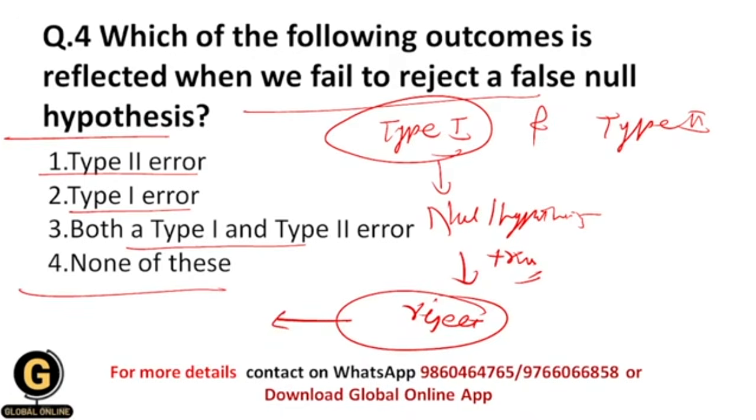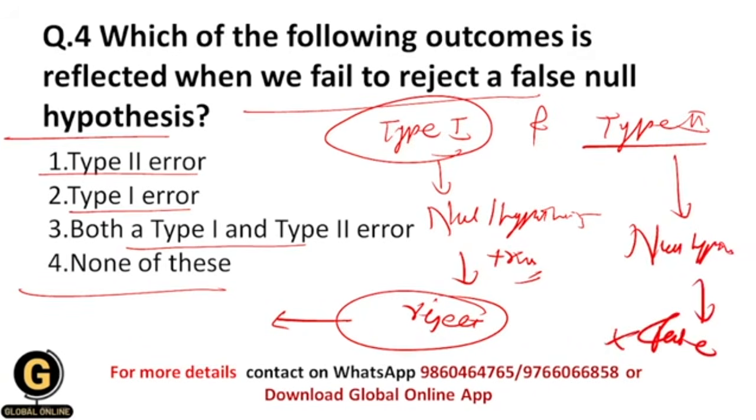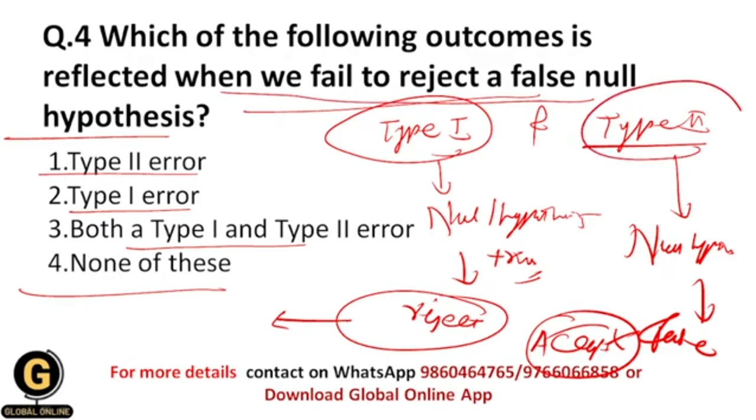And in what situation type 2 error happens? So whenever there is a null hypothesis, okay, and this null hypothesis is false, but I am not going to reject it, so I am going to accept it. Okay, so in this situation basically type 2 error happens, and that's why the above situation in the question is basically the type 2 error.